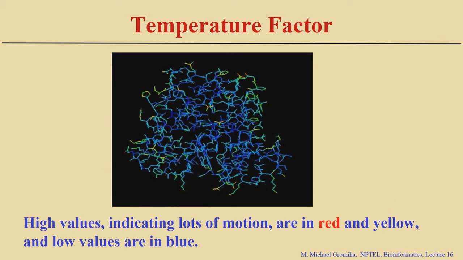Here I show the picture. You can see different colors, for example blue, yellow and red. The blue ones have low values. What is the meaning of low values? They are rigid, not low flexibility, they are rigid. If it is yellow or red, they have a lot of motions, and in this case they are highly flexible.